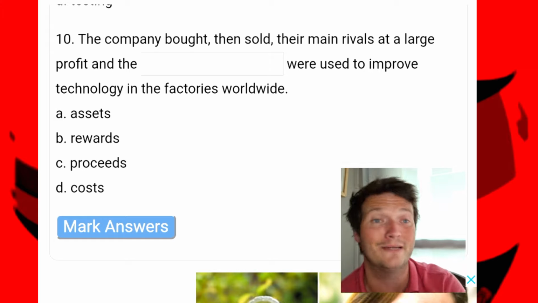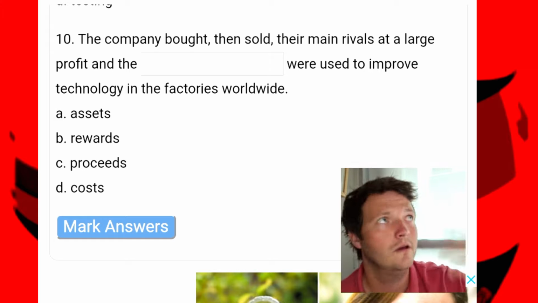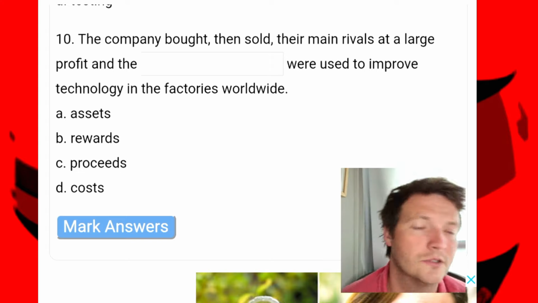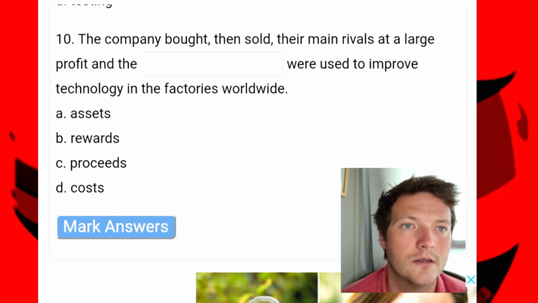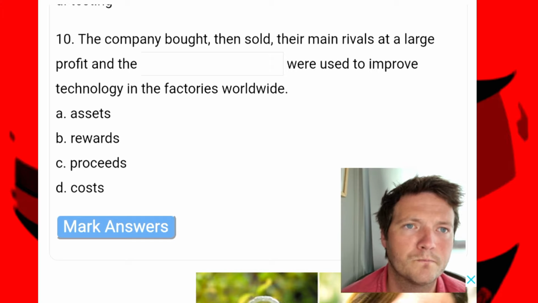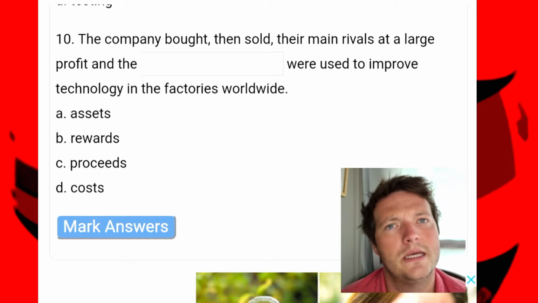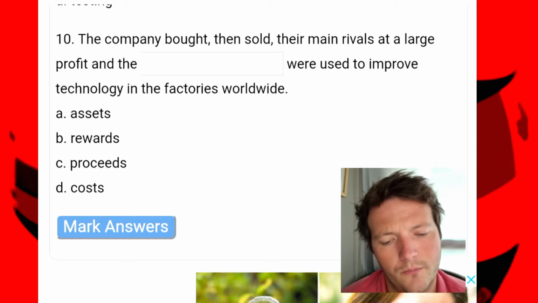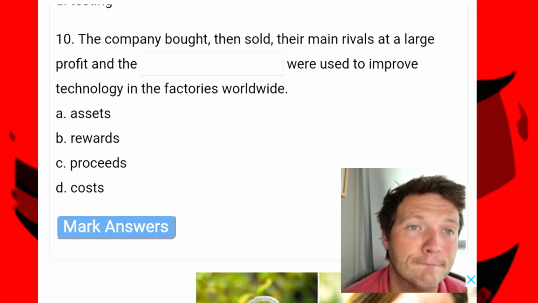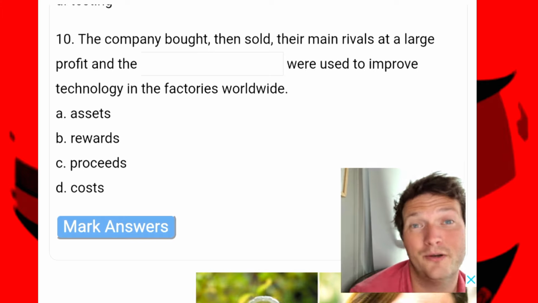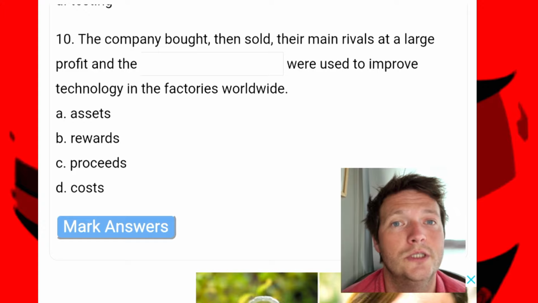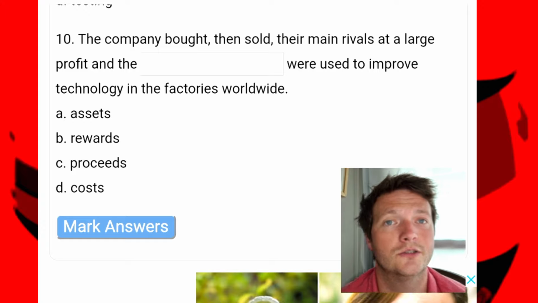They'll go in, buy a company, and make a profit by selling on the assets, all of the things that company owns, the buildings, the goods, maybe vehicles. But what we want to say is that all of the money that was made, all of the proceeds from that exercise, were used to improve technology in the factories worldwide.